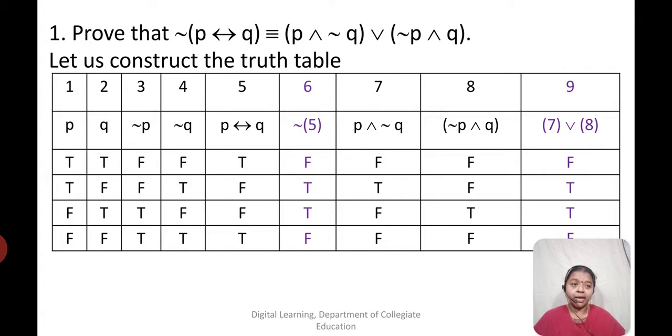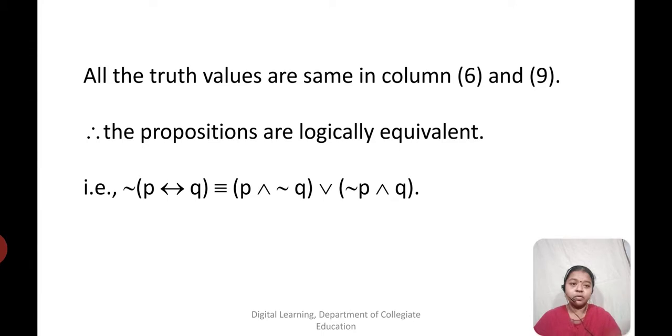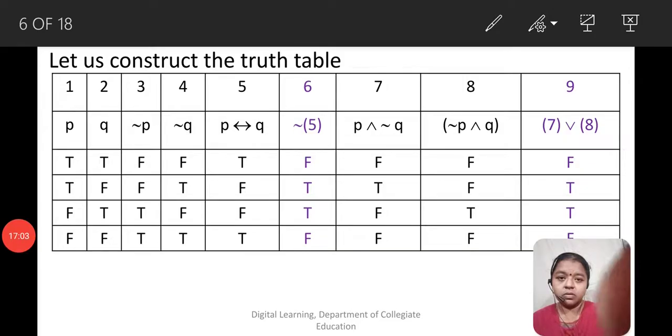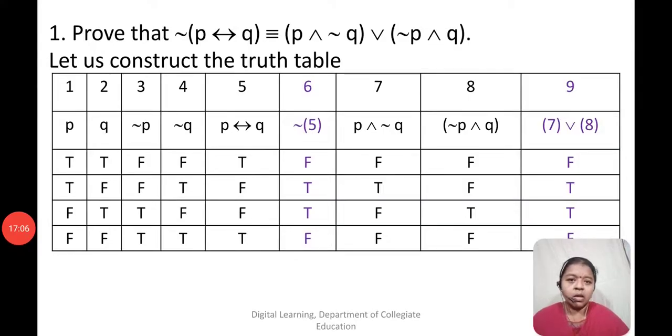Now column number 9 is also represented in a different color. Now let's compare column number 6 and column number 9. The first values in column number 6 and 9 are capital F, which are same. In the second combination you have capital T and capital T. In the third combination you have T and T. In the fourth combination you have F. The last combination is capital F and capital F. So when you look into this, they are same.